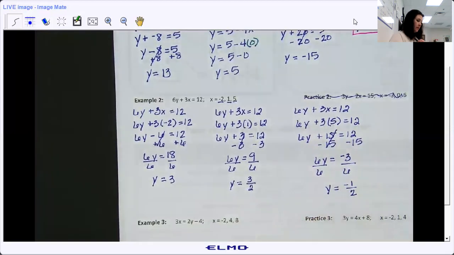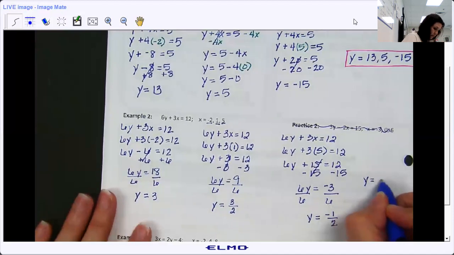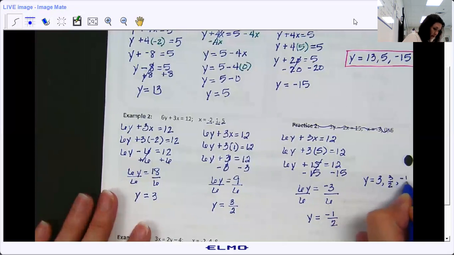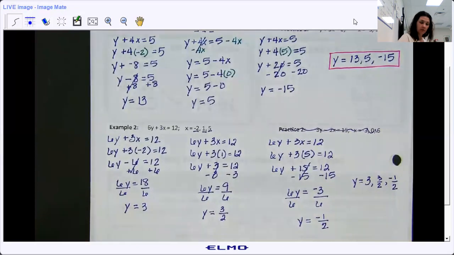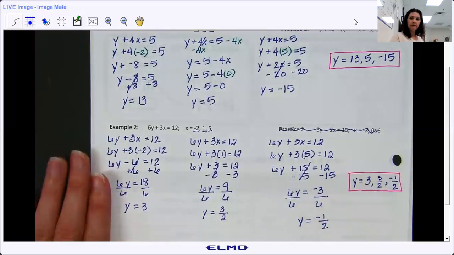And y equals -1/2. Okay, so then my final answer for this problem is that y equals 3, 3/2, and -1/2. Okay. All right.